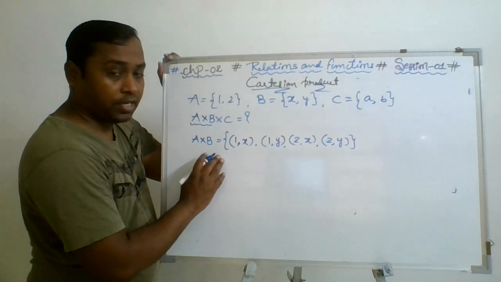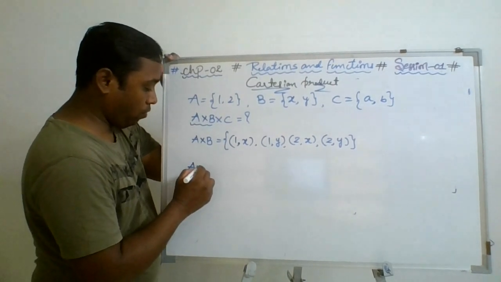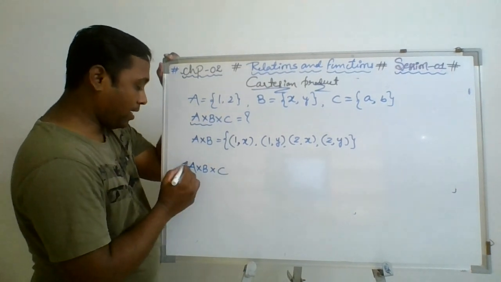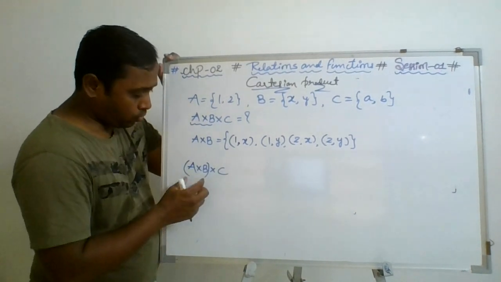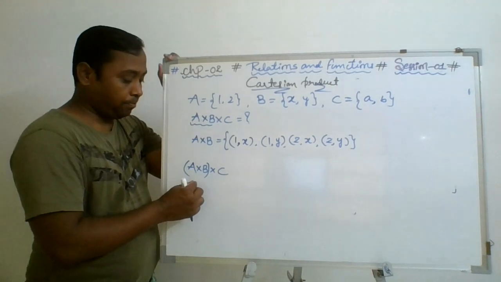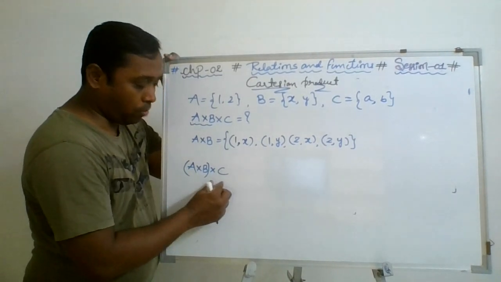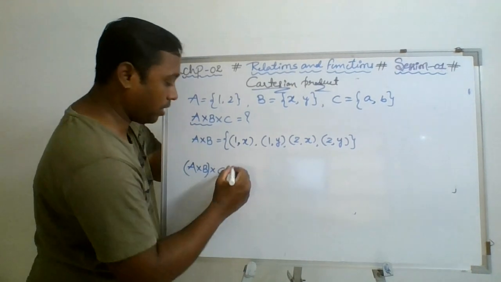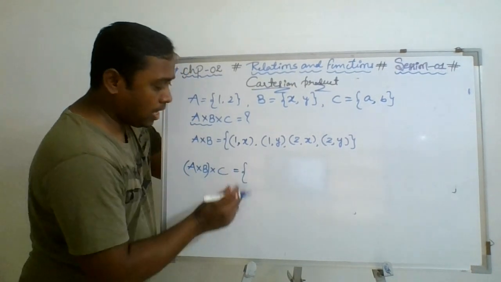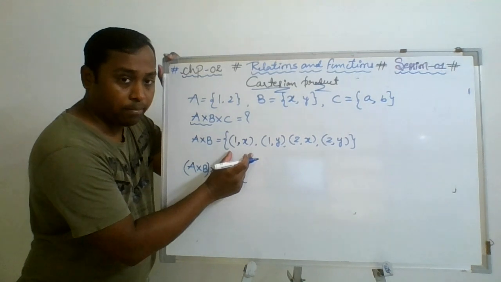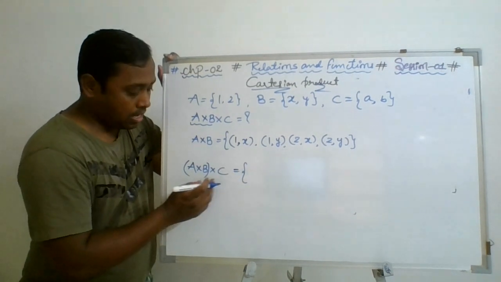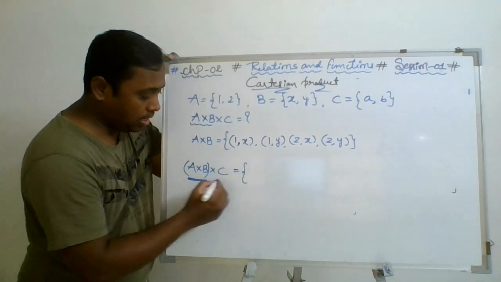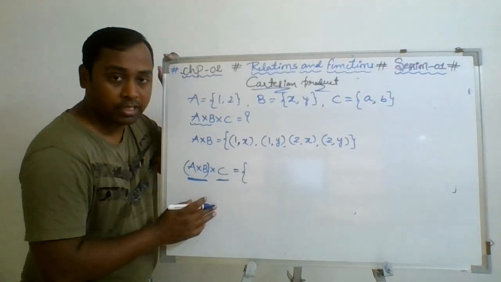Now with the help of this, I can go with A cross B cross C by considering A cross B as a single set, and then I will make the combination of this ordered pair with set C, nothing else. Means I will take the first element from A cross B and the second element from set C.